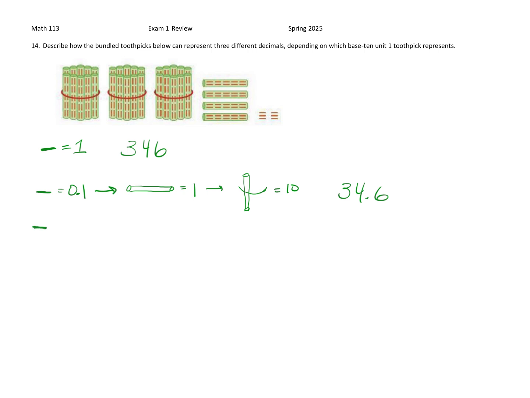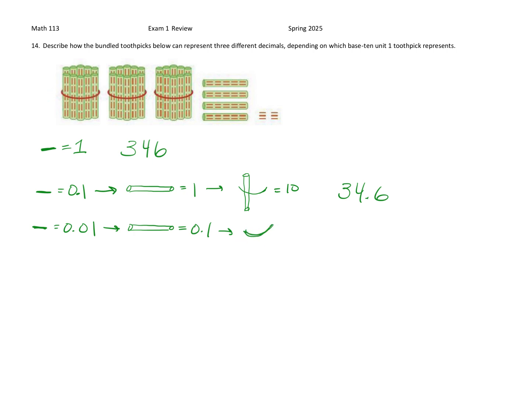And if I let each single toothpick represent 100th, then each of my bundles where I have 10 toothpicks, 10 hundredths is a tenth. And then each of my super bundles, I'm just going to draw that for short to represent this rubber band here.